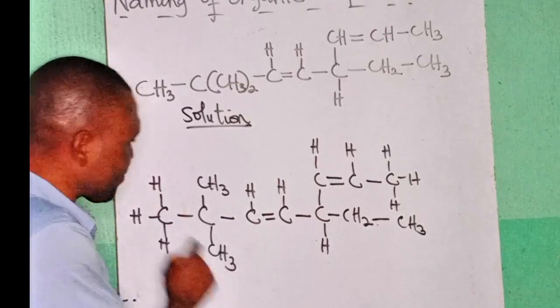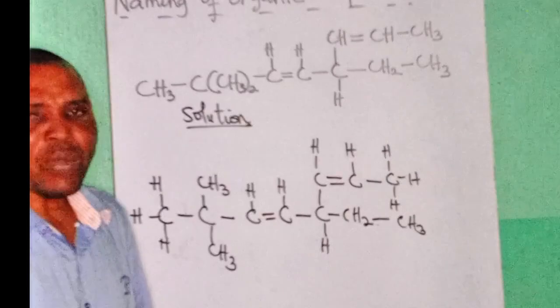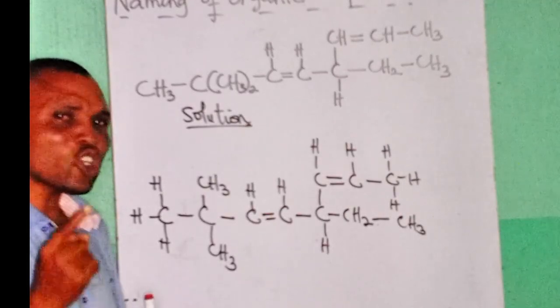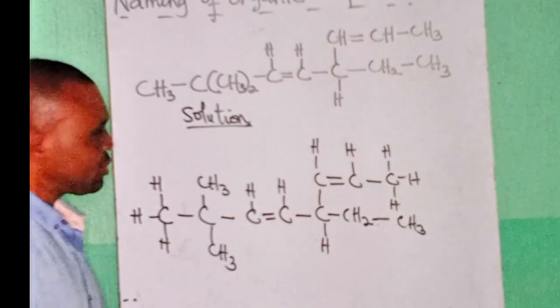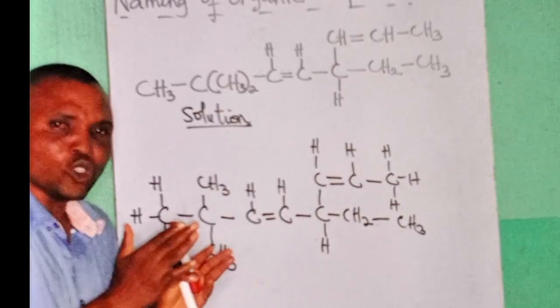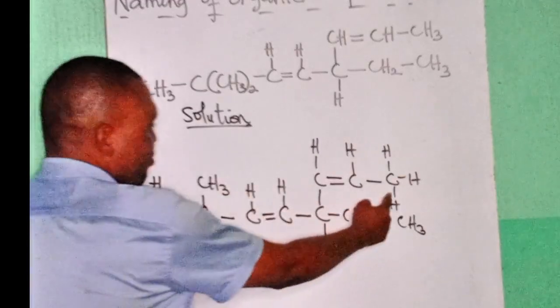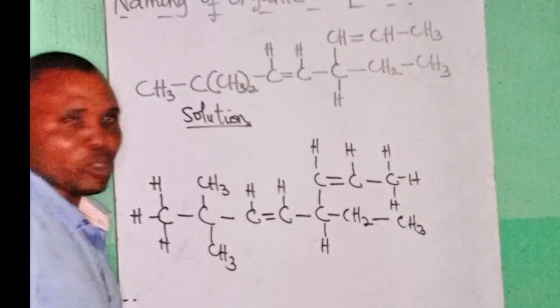Now, watch this. Because I'm having a double bond, I will start counting from the carbon atom that is closest to the double bond. That means the carbon atom that, when I start counting from it, is going to be short. How do I mean? Look at this. If I count from here, 1, 2, so 2 carbon atoms before the double bond.